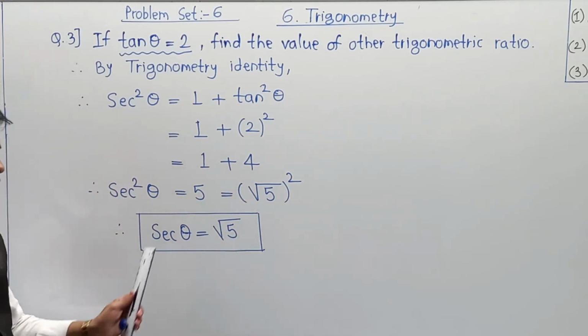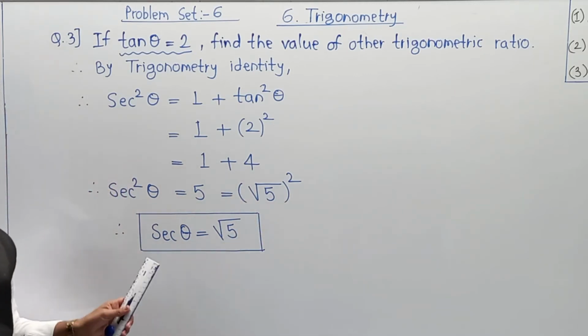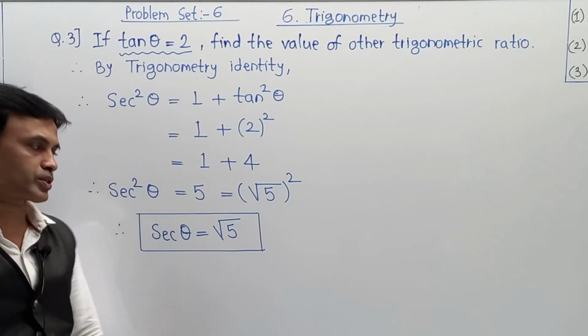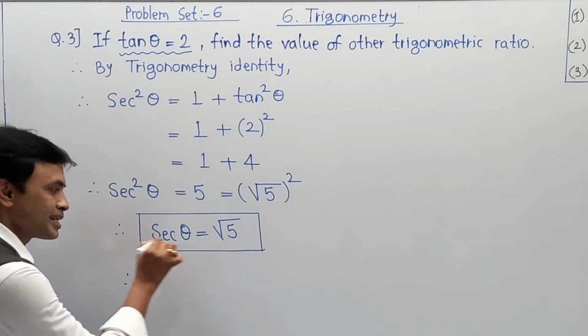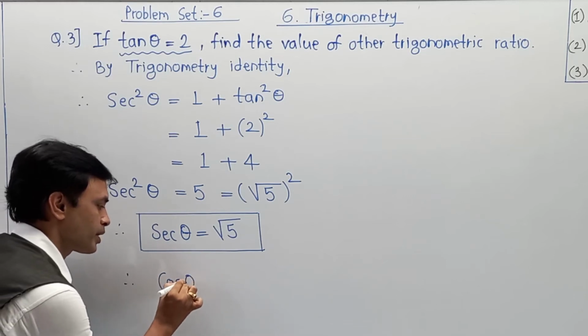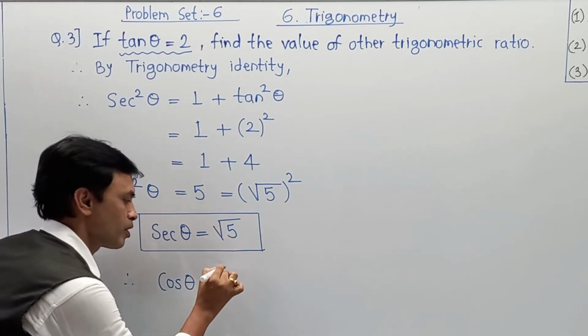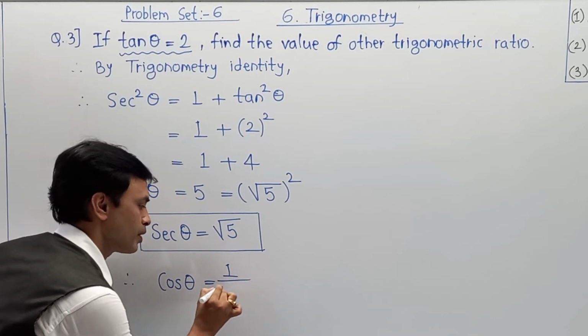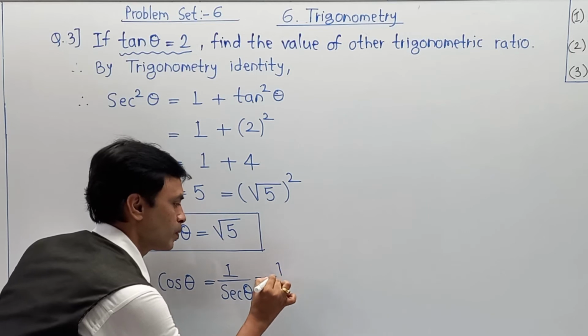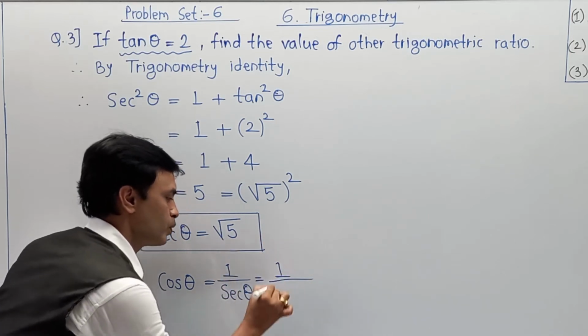Now what is the advantage of this? As you are able to get the value of sec theta as root 5, you can freely get the value of cos theta. Why? Cos is a reciprocal of sec, and sec is a reciprocal of cos. Therefore, sec theta is root 5, so cos theta is the reciprocal of sec theta, means 1 upon sec theta, and that value becomes 1 upon root 5.